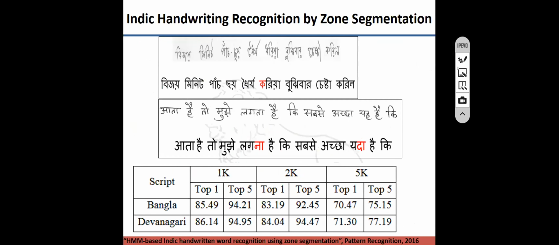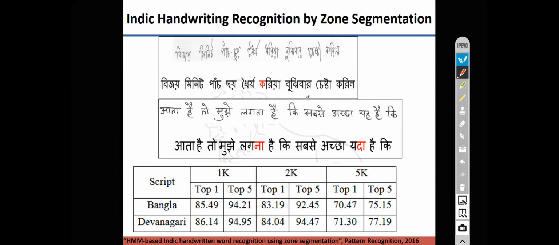Let me show you one word, for example, this word. Here you have this character, and then you have a modifier.